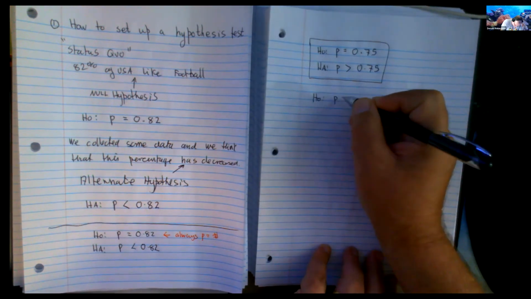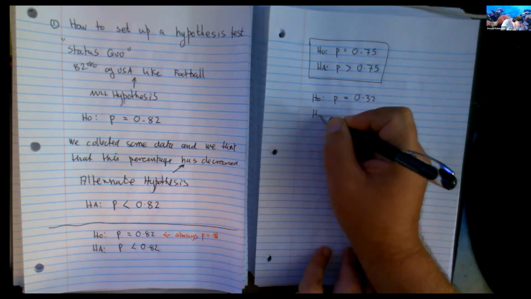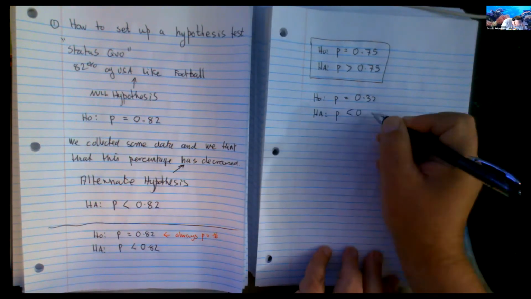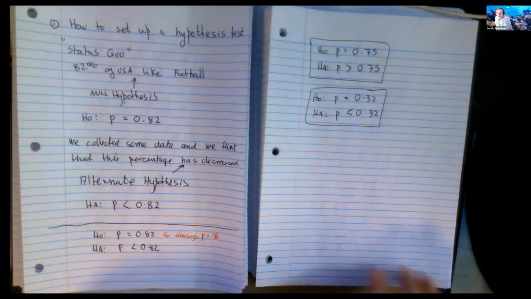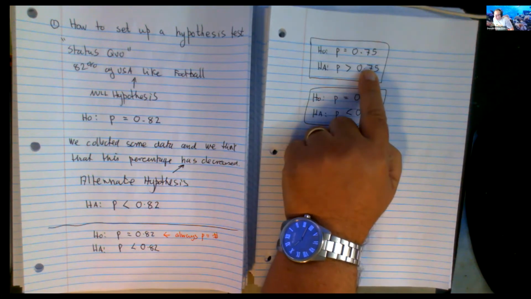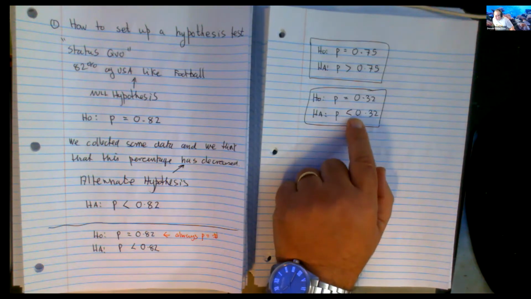The status quo, it used to be 32%, but we think it's gone down. It's now less than 32. That is a second version. Can you see that in this story, you're trying to prove evidence that something's got bigger than it used to be? In this one, you're trying to find evidence that something has reduced from what it used to be.